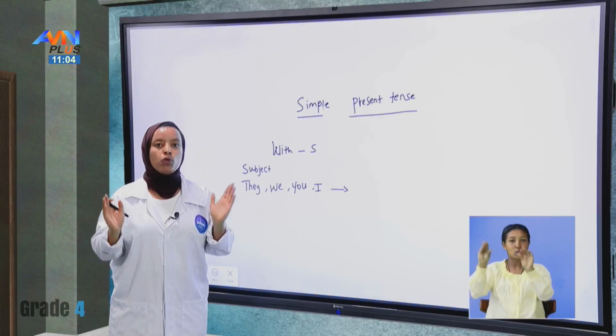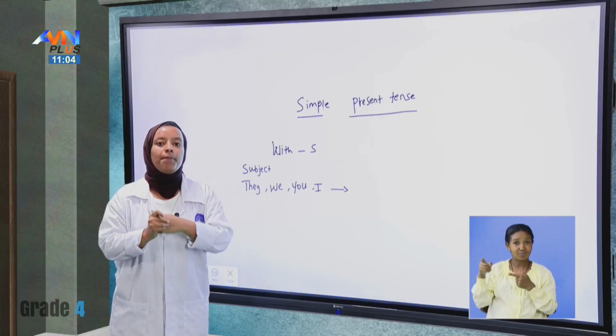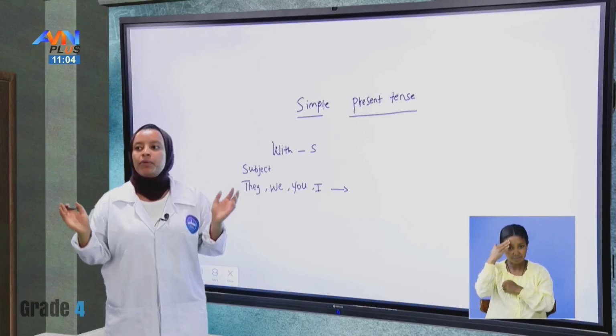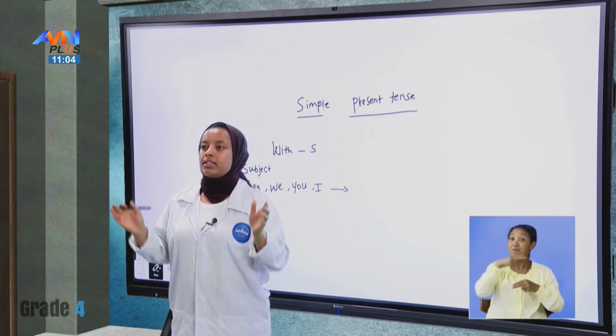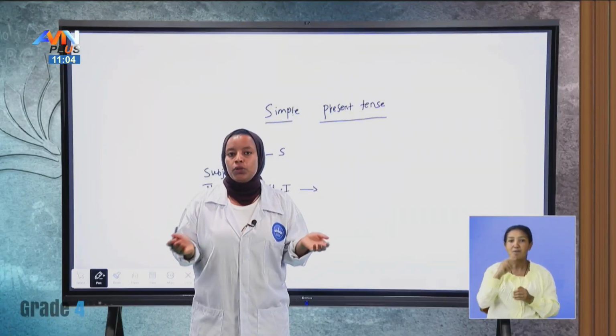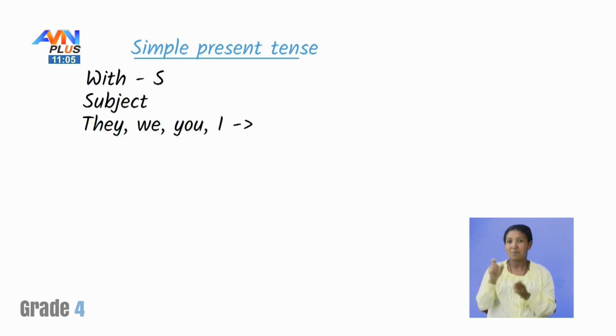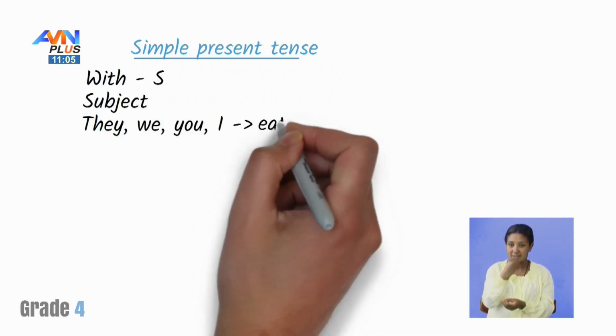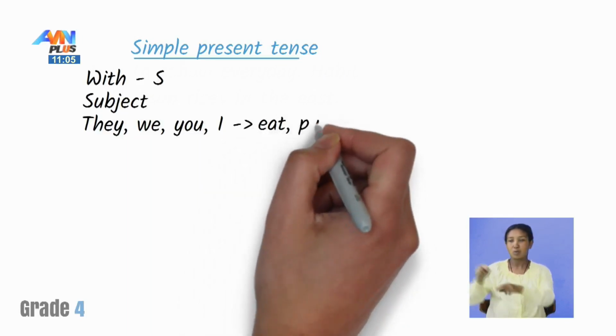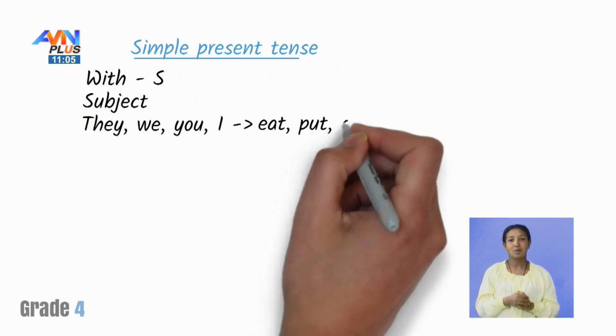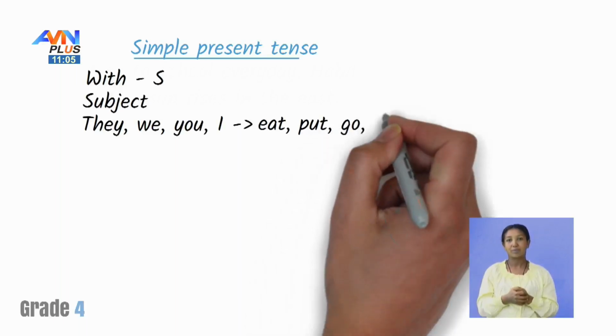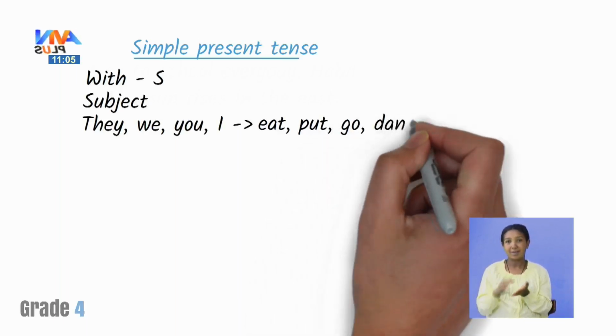Students, I hope you all understand what is called a base verb. When we say base verb, it is easily verb 1. For example, eat, put, go, and dance. We can take these as examples.